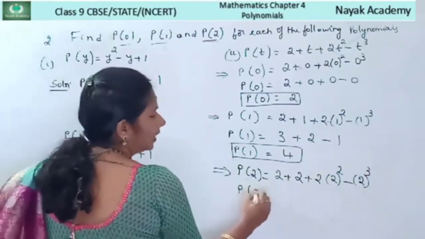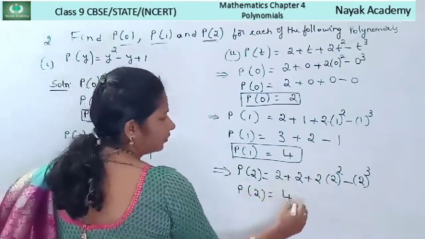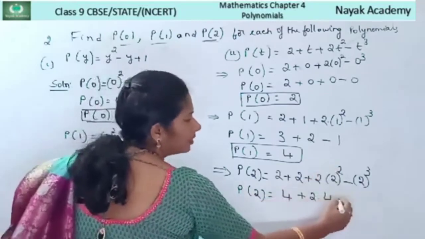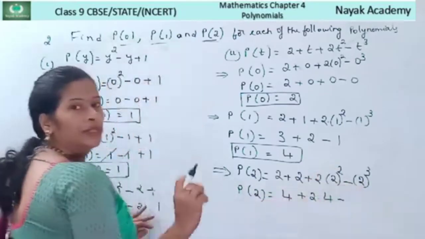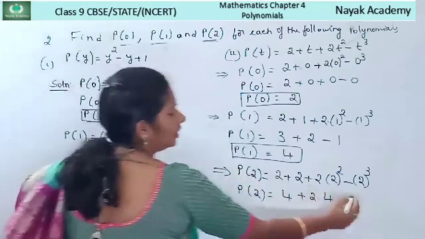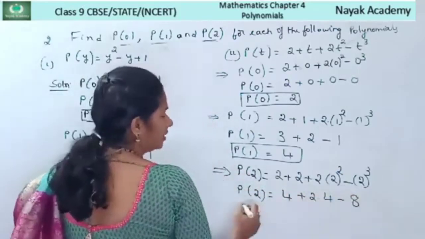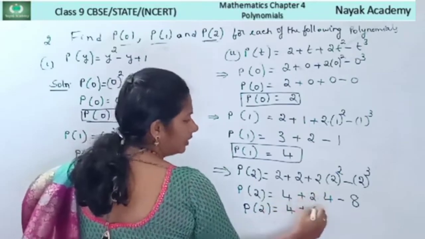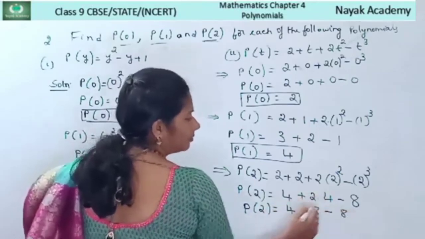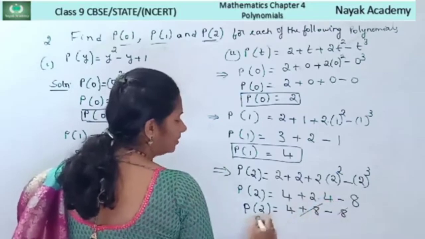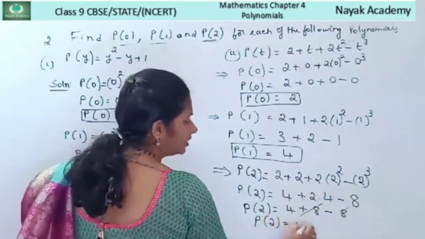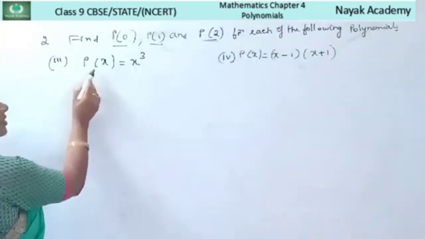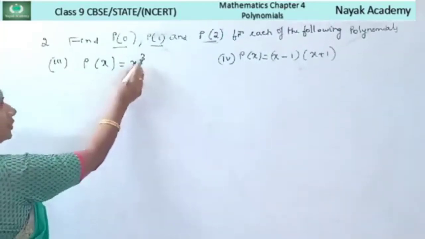Now p of 2 value is 2 plus 2, 4, plus 2 into 2 square is 4, minus 2 cube is 2 into 2 into 2, that is 8. 2 2s are 4, 4 2s are 8. So p of 2 value is 4, 4 2s are 8 minus 8, plus 8 minus 8 get cancelled. So what is the value of p of 2, children? It is 4.